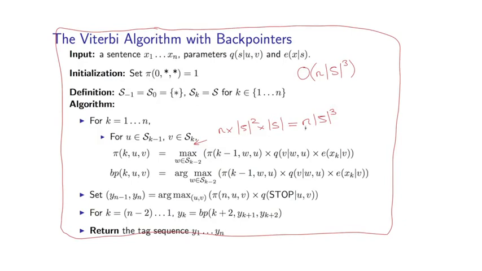So it is critically linear in the length of the sentence, and that is an absolutely enormous gain over brute force, which had complexity the number of tags raised to the power n. We've gone from an exponential time algorithm to a linear time algorithm in n, and something which is cubic in the number of tags S. So that's a dramatic improvement.